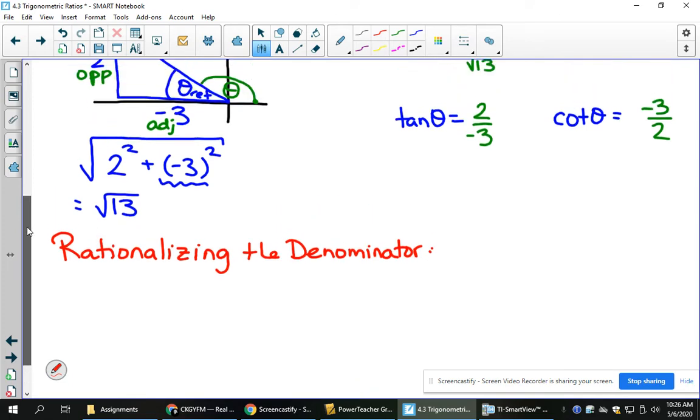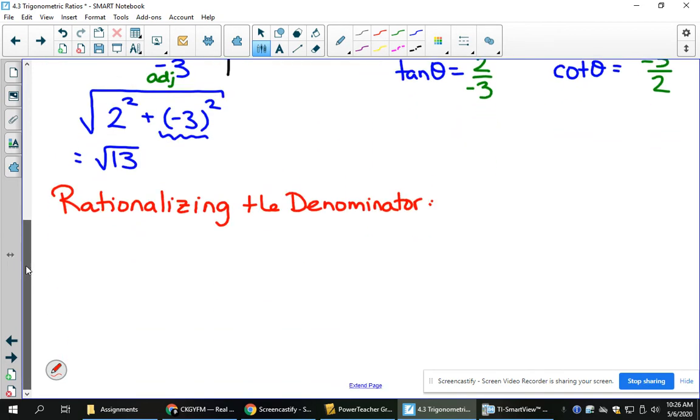So for my first one, sine theta is 2 over square root 13. I don't like that square root in the bottom. The process that I need to do to rationalize the denominator is multiply by the radical that's in the bottom on top and bottom. Why does this work?